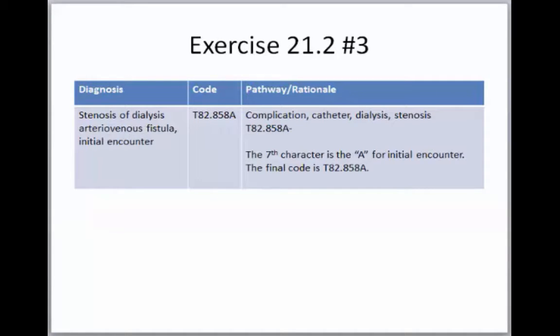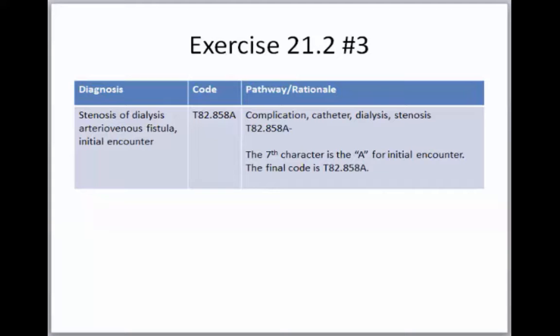And here is an exercise that has to do with that AV fistula. This one calls for a stenosis, and I chose this one to show you because I had a little bit of difficulty figuring out how they've coded it. I realize it's a complication of a procedure, so I started with complication, but the only thing that came close to giving me the right code was the catheter, and I found that primarily by looking at the subterm dialysis.